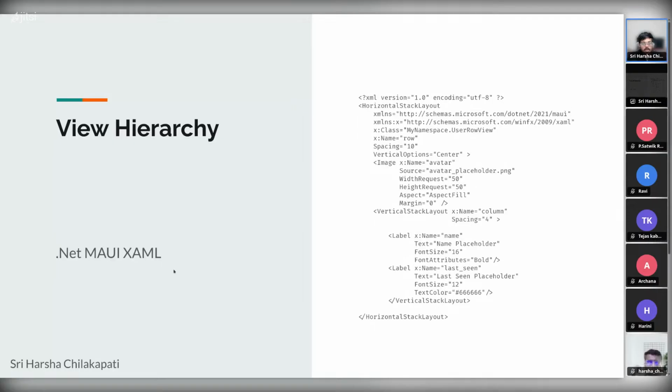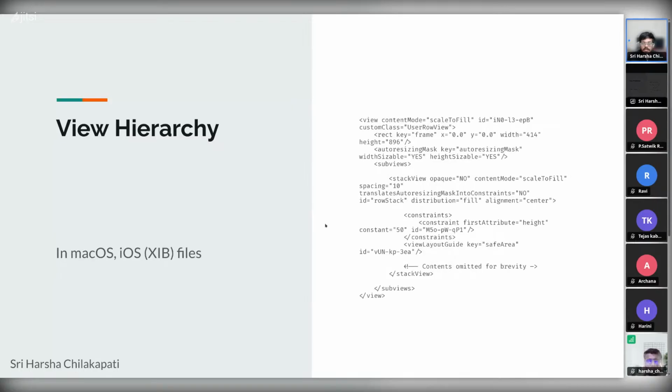Now, what about in the .NET world? Again, in the .NET world with MAUI XAML, it's the same. They call it a horizontal stack layout instead of a box, and it has an image. Then there is a vertical stack, which is our column, and it has two labels. Basically, the structure is always the same, and the same happens with macOS also, and also iOS, where there are files called XIB, but these are generally generated using Interface Builder.